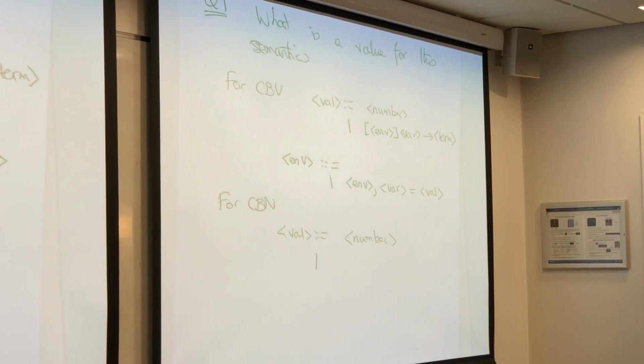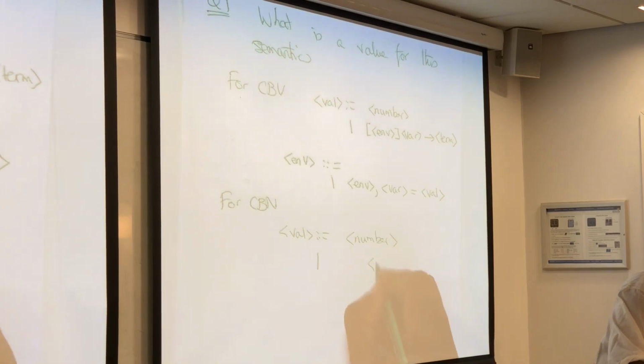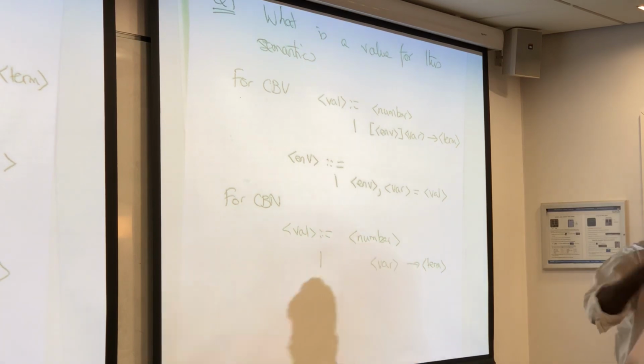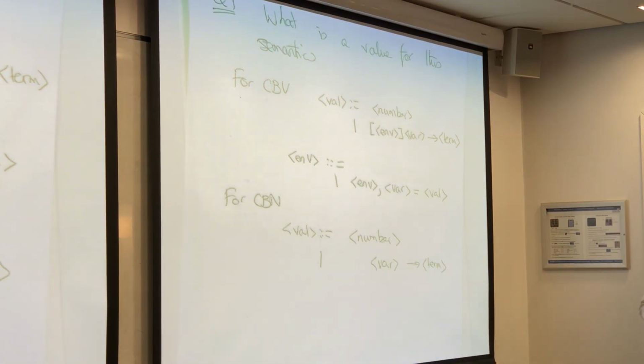So we're only changing the environment. We're not going to carry on working on functions, so we want to keep them. Functions are written as var arrow term. But as Connor points out, the environments are going to change. That's the point about the call by name semantics.